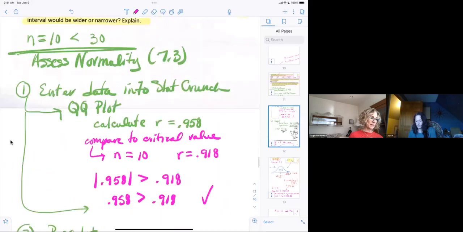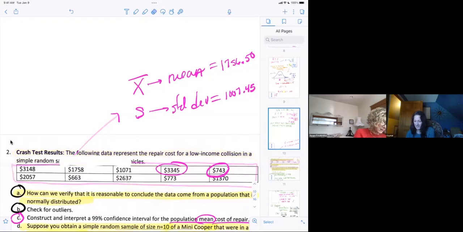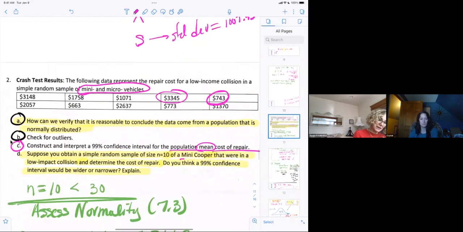So if I think about the cars in my original sample, these are mini and micro vehicles. I wrote over it, so you can't see what I wrote, but right here it says mini and micro vehicles. So a variety of different kinds of vehicles, and the spread and variability will be bigger than just Mini Coopers.